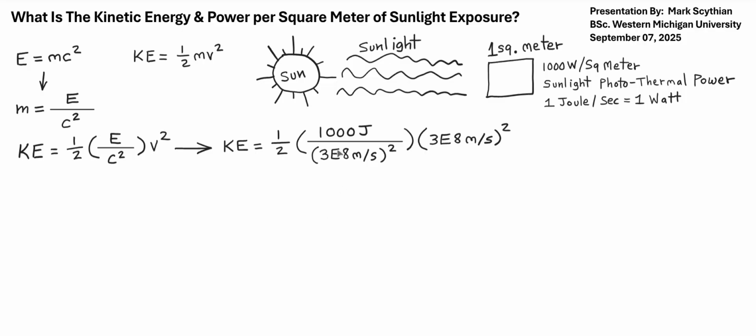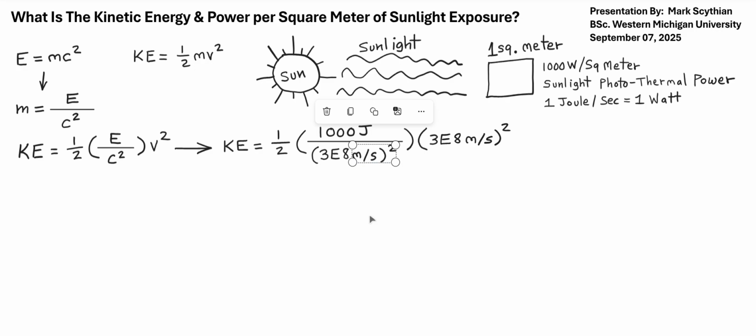So in this case, we're going to work with 1,000 joules of energy, not over the function of time, so just the energy. If we were to divide the 1,000 joules per 1 second, then we would get the watts, but that would be only in photothermal power. So we just take 1,000 joules, divide it by the speed of light squared, so 3 times 10 to the 8th power meters per second is the speed of light, its value squared, then times the speed of light as a constant.